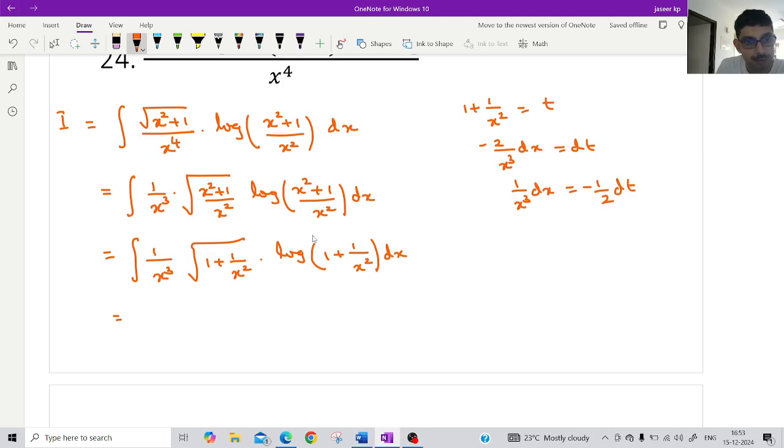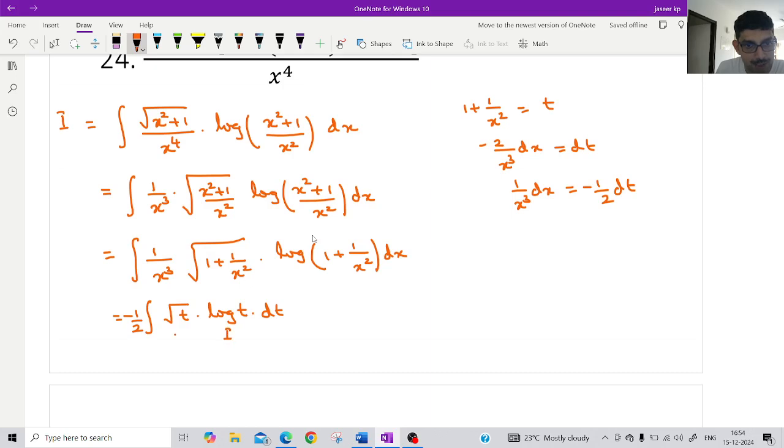So this will become integral of, 1 by x cube dx will become minus half dt. So minus half is taken outside. Root of 1 plus 1 by x square is root t, into log t dt. 1 by x cube dx is minus half dt.